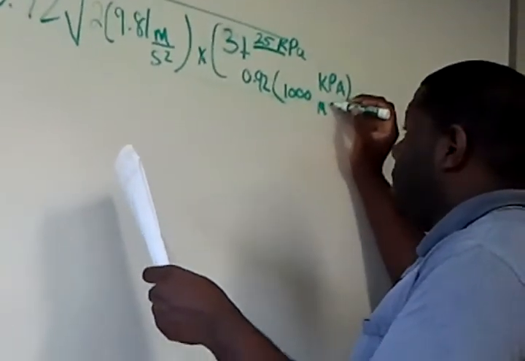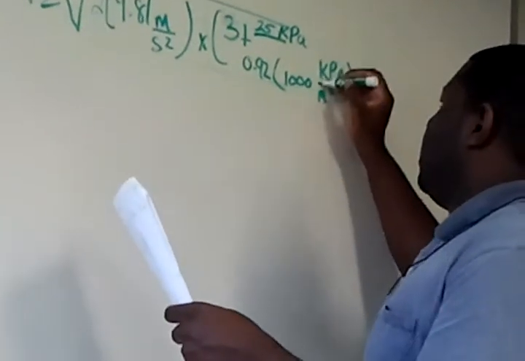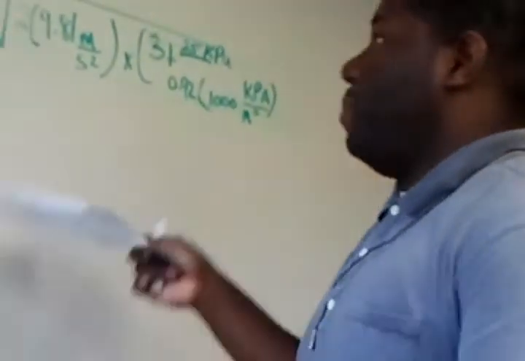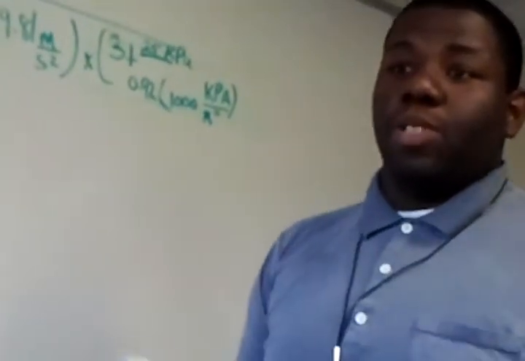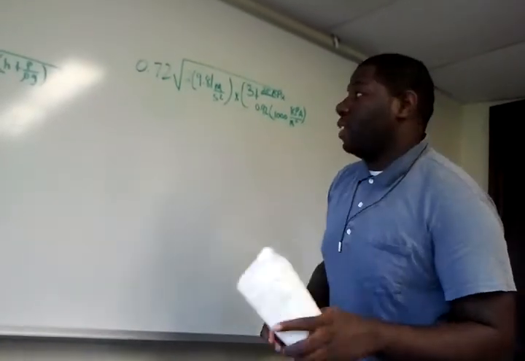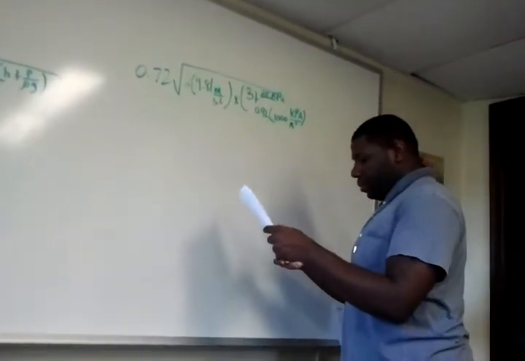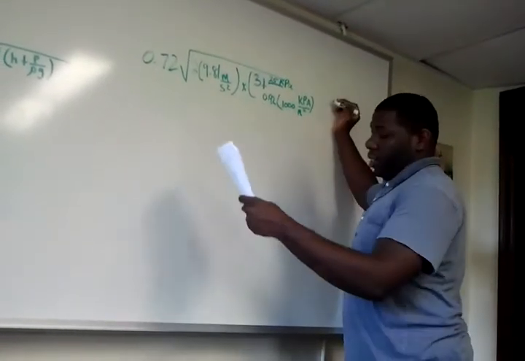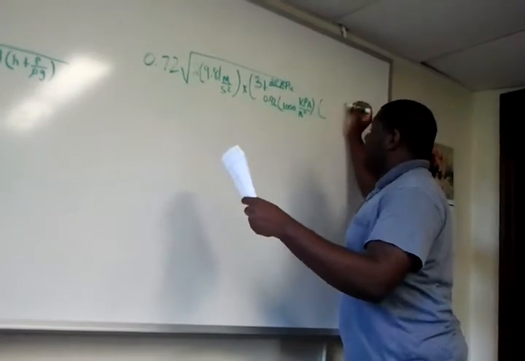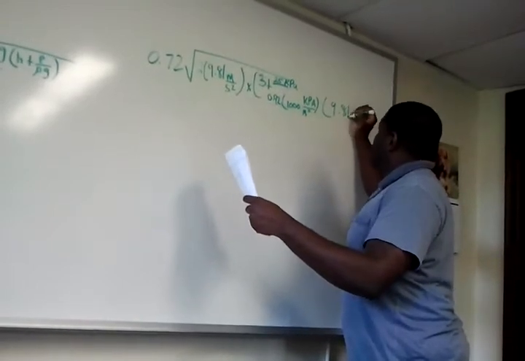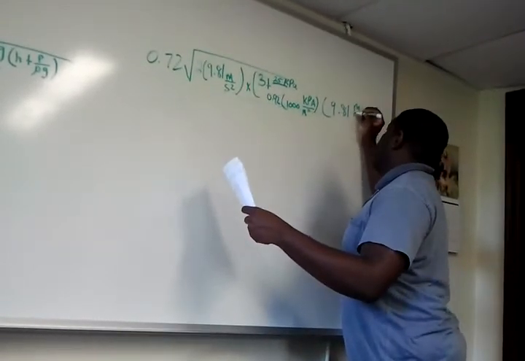Over meters cubed. Now, that's a lot to say, but in the long run, it's going to exactly equal meters per second squared. But since we're doing engineering, we have to keep our units. Never forget to use your units. We're also going to times our specific gravity times 1 gravity in meters per second squared.